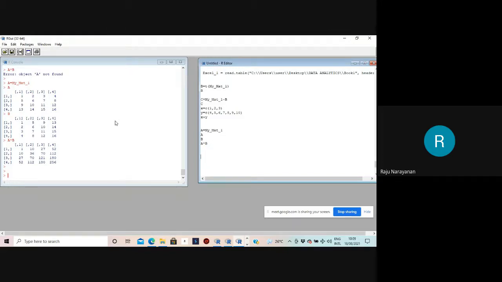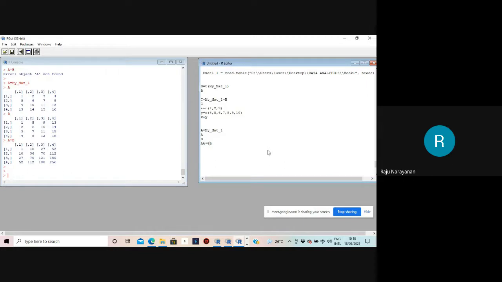But you may need this also. Suppose these are the number of items you are buying, and these are the prices for the items. Then what is the amount you have to pay? 1 into 1, 1, 2 into 5, 10, 3 into 9, 27, 4 into 13, 52, like that. For matrix multiplication, A percentage star percentage B.